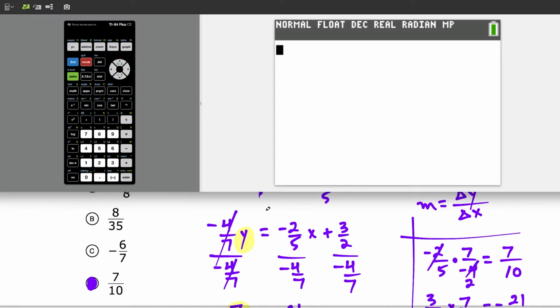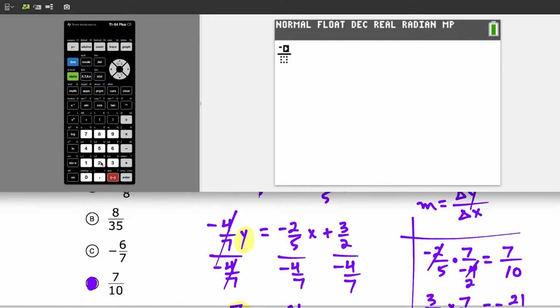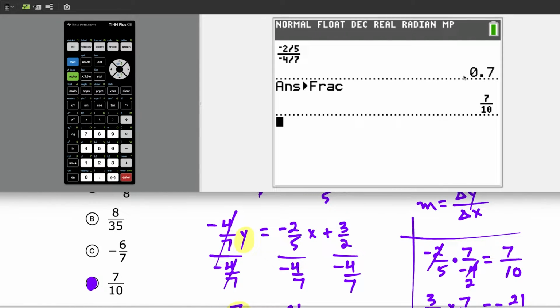Now, one thing to point out, if we don't want to do this division by hand, we could press alpha y equals enter, and I'm going to do on top negative 2 over 5, and on bottom we had negative 4 over 7. Okay, so we're dividing these two fractions. We press enter, and if I press math enter enter, this turns the decimal into a fraction, 7 over 10.